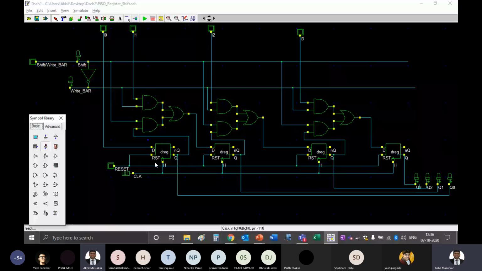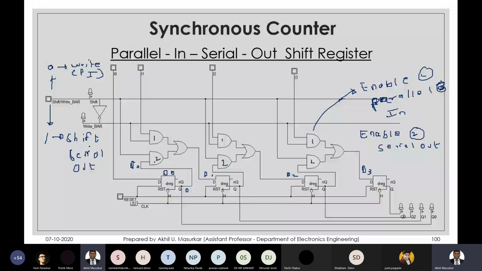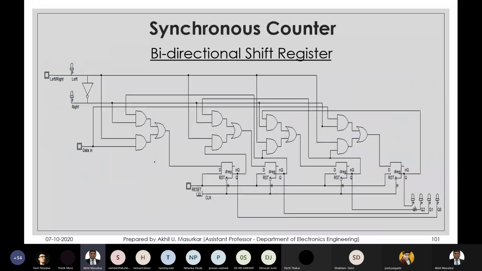Okay, so let us start. The next counter is the bidirectional shift register. All this comes under synchronous counters only, synchronous because of this clock. Everything is clocked simultaneously. You can see here that this is my data in.